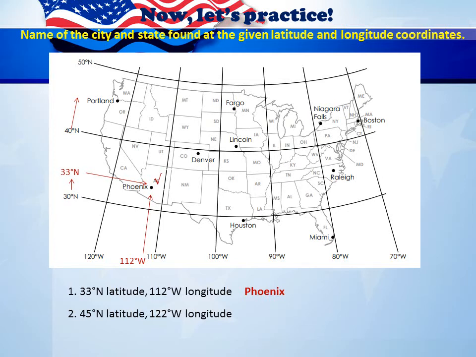And for 122, which number down here in the lines of longitude can you find it next to? Yes, it's next to 120. Here, you can see that the answer is the City of Portland. There you go. And number 3, please try it yourself.